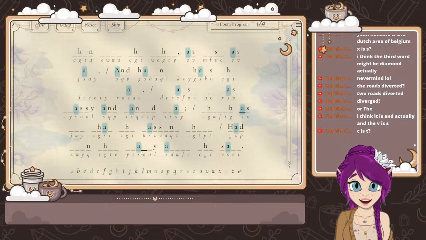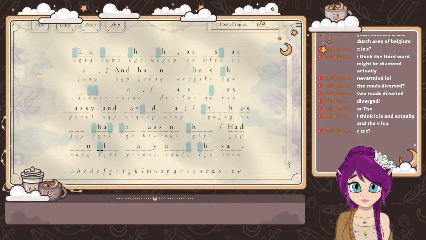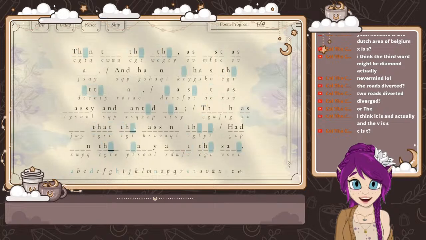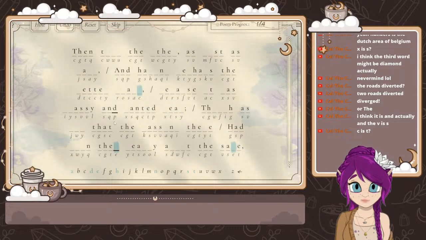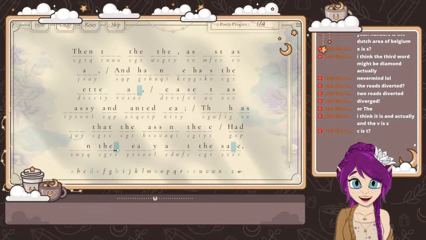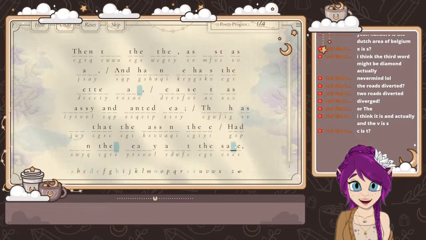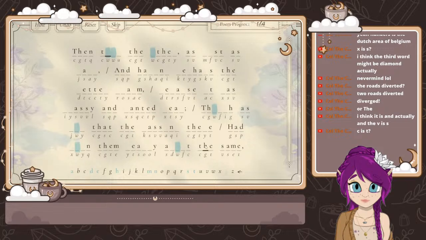TS is not a thing. Oh, we can have the T here. That, the. Them, they, same. The same had something the same.